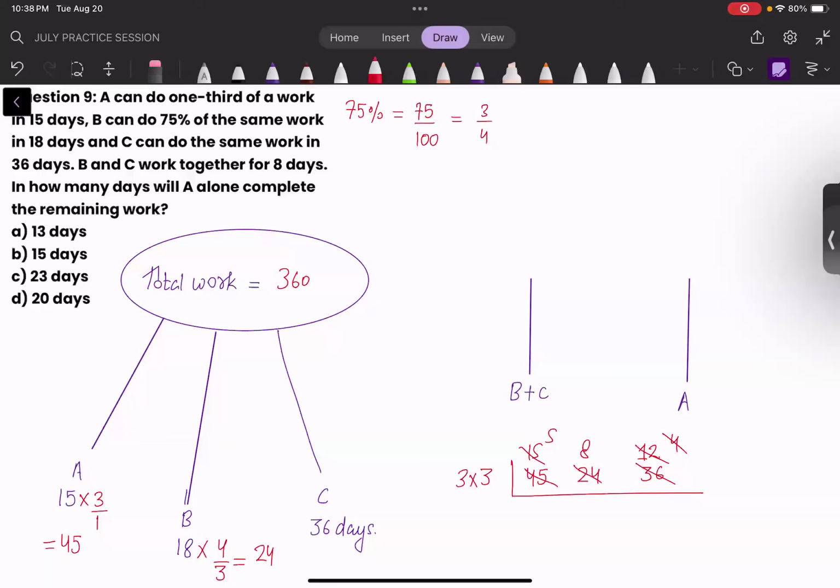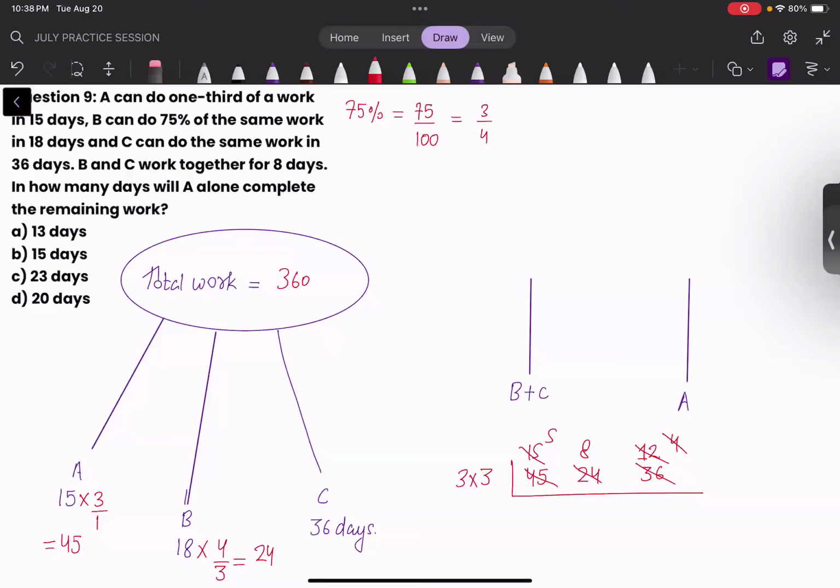Okay, not 1080, 360 is smallest. Okay, 1080 is also good, but it will give you big numbers. So big numbers are not good. Calculation wise, it is not that good as 360.